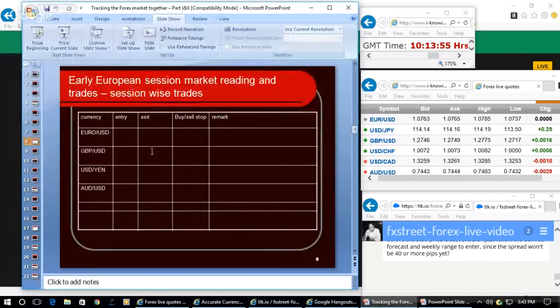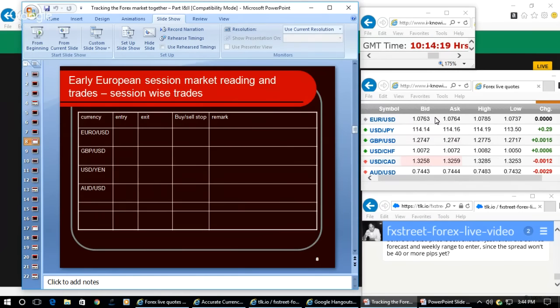Now in edit mode so that I'll be able to type it out. Now in the case of euro, what trade can we do? It has made a downward stop and we should have taken a buy at that time so that during the upward stop we could book profit and come out. But now it made a brief upward stop and has come below the initial low, holding there.